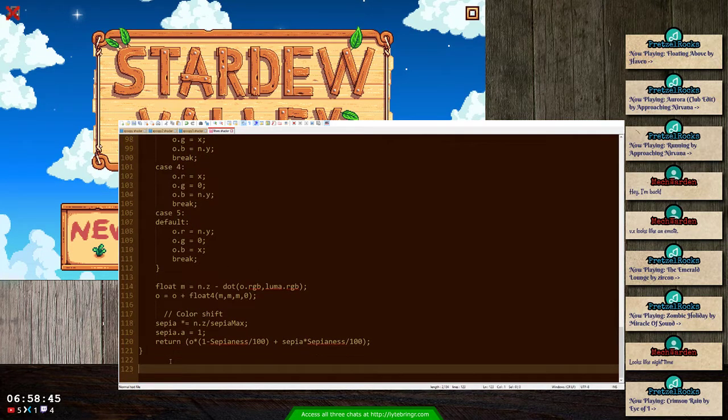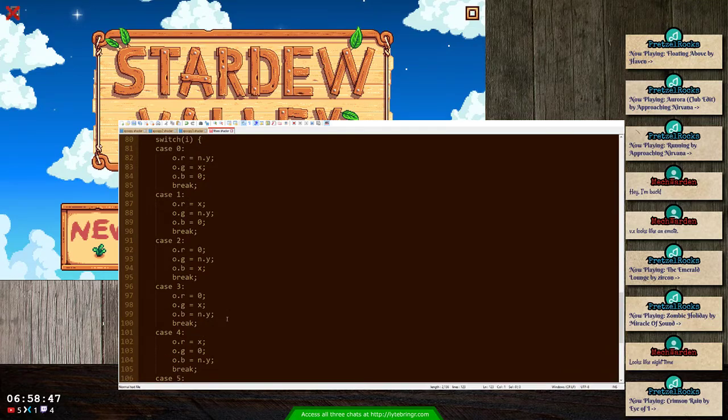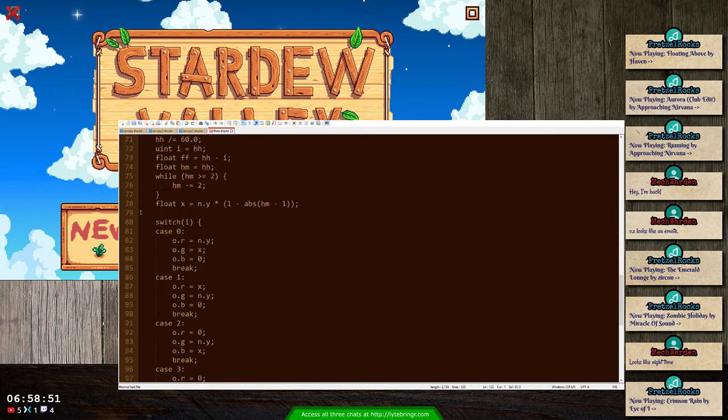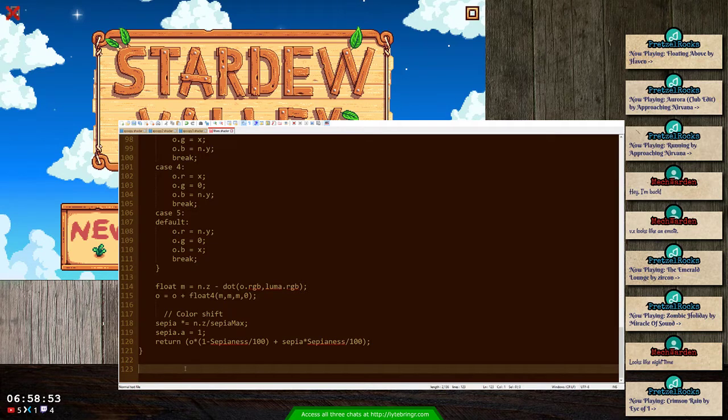So let's see whether or not we can write another function. So what do we call it? Float of a thing and a thing. So float for HCU, RGB to HCU of a color.